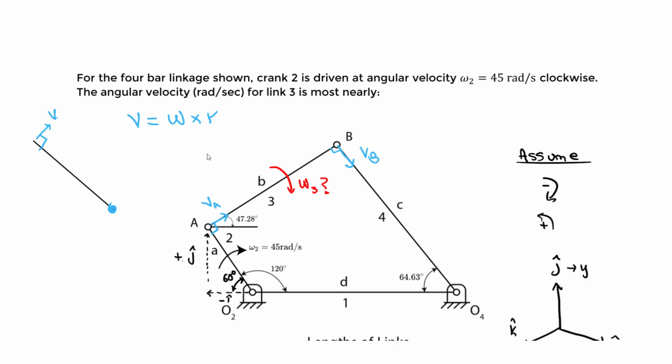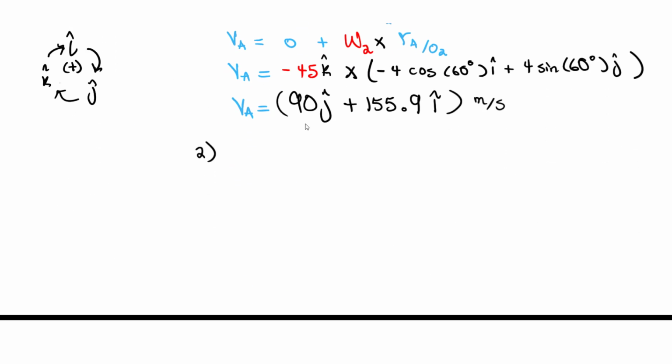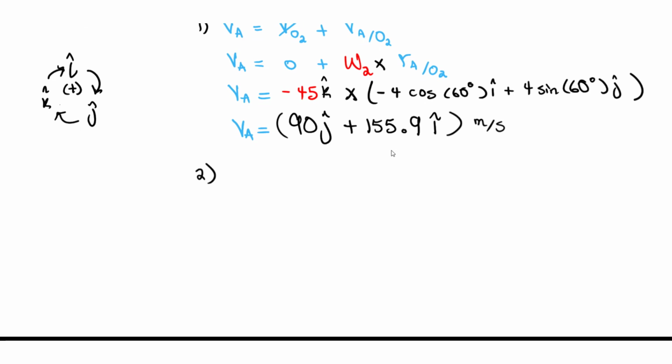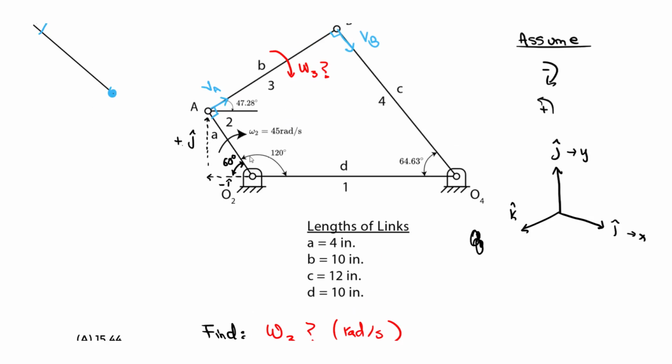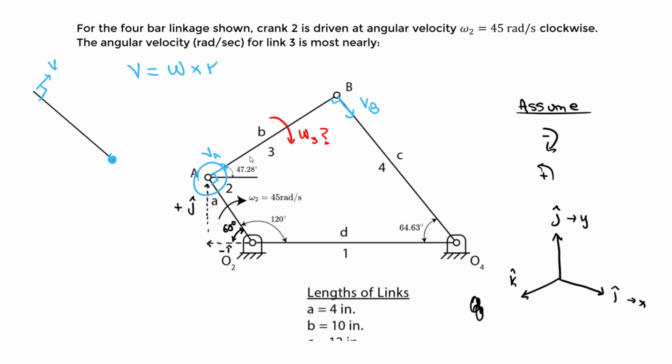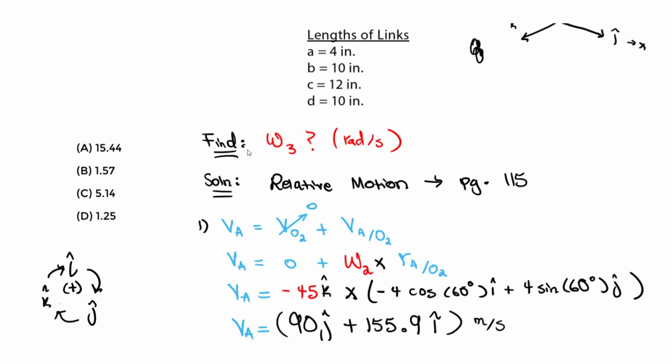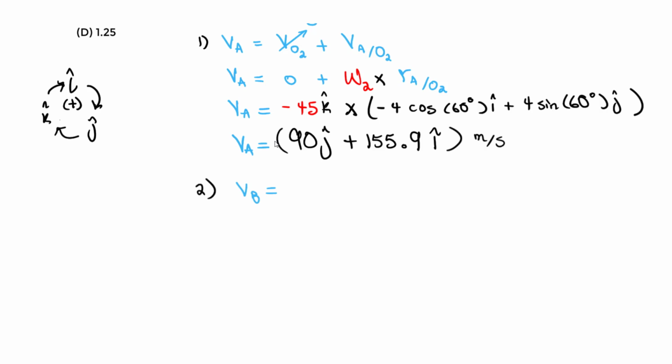So for the velocity at B, we write essentially the same relative motion equation. The velocity at B equals the velocity at A plus the velocity of B with respect to A.